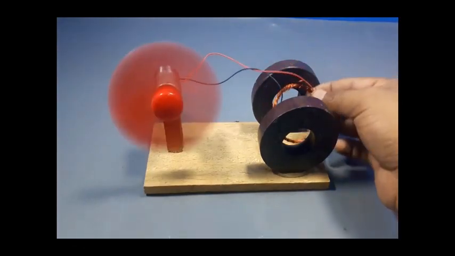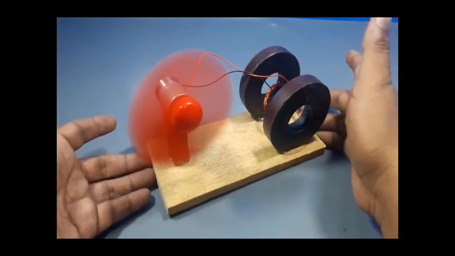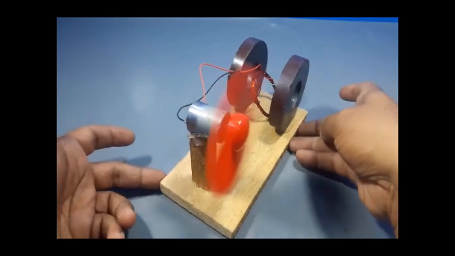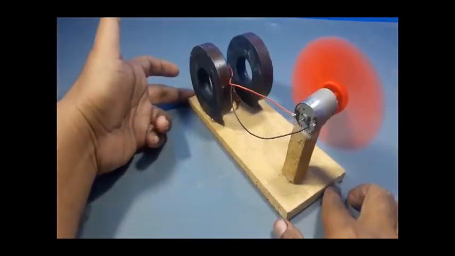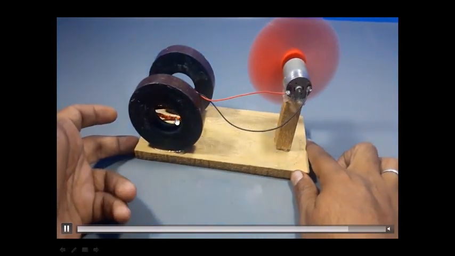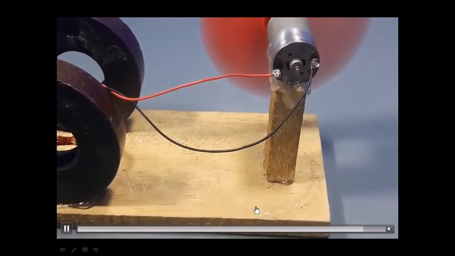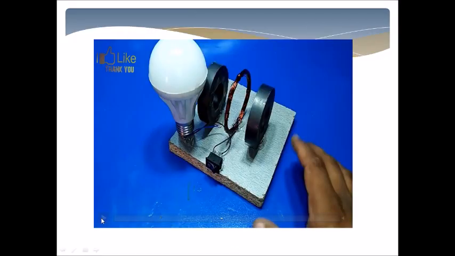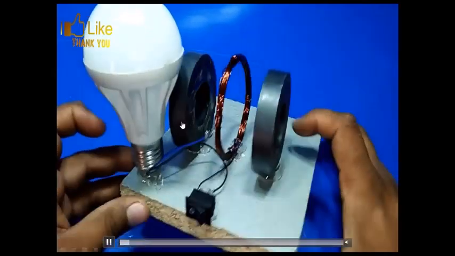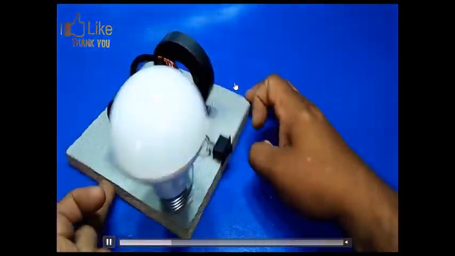So this is also called a generator. And you can see that there is no battery, just two magnets and a coiled wire. Another one, you can see also two magnets and a coiled wire. This is called a generator.